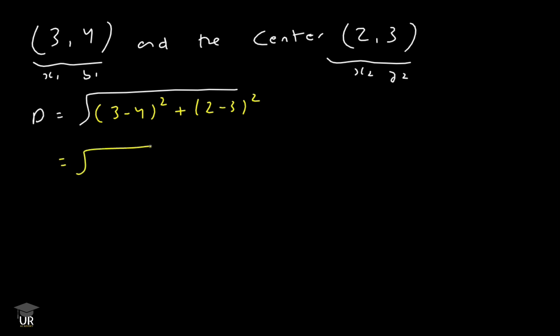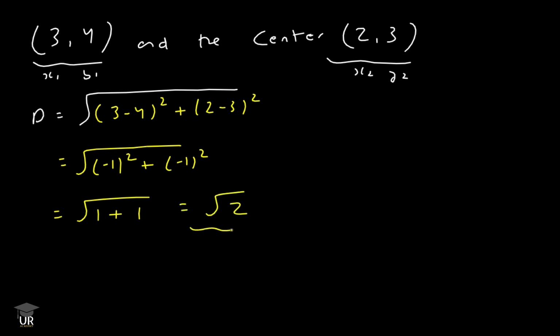So the answer will again be under root of minus 1 square plus 2 minus 3, which is also minus 1 square. So this will give you under root 1 plus 1, that will just become under root 2. So again, it is proved that this is actually your radius. So this has to be my radius.